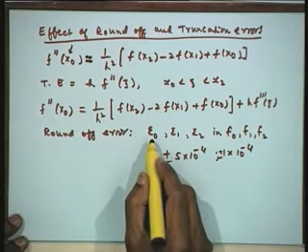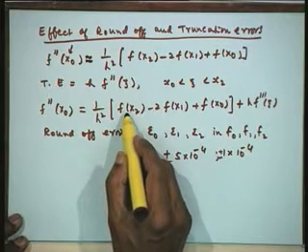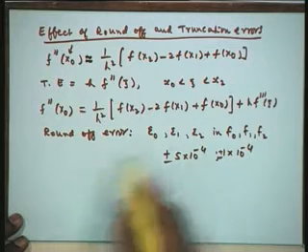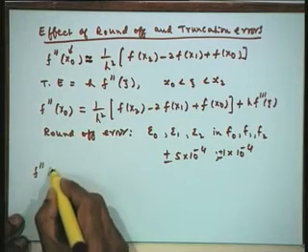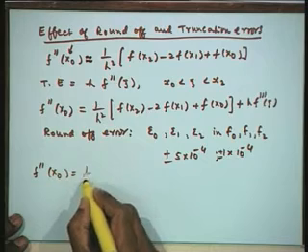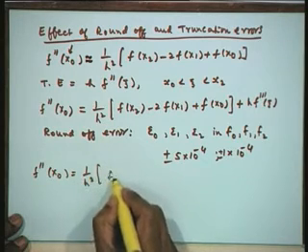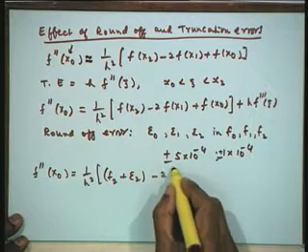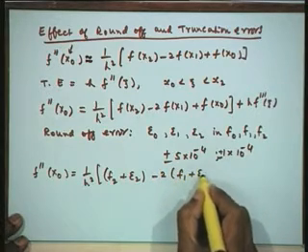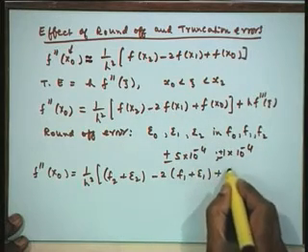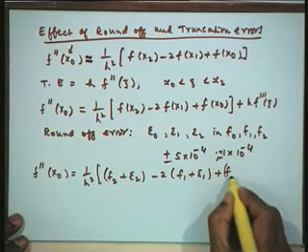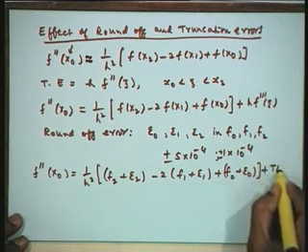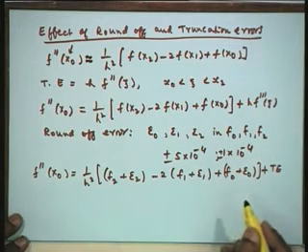Therefore, in actual computation it is not f(x2) that is being computed, but f(x2) plus epsilon 2, where epsilon 2 is the error. Therefore, what we are actually getting in the computations is 1 upon h square [(f2 plus epsilon 2) minus 2 times (f1 plus epsilon 1) plus (f0 plus epsilon 0)] plus, let us write this as TE for truncation error.